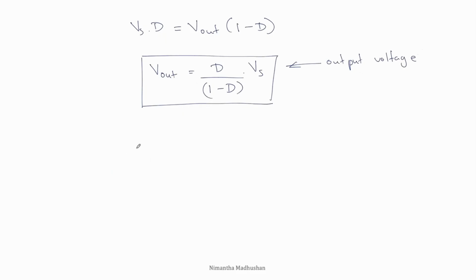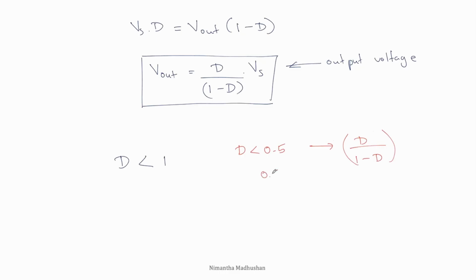If we consider the value of d, it is always less than 1. And for this buck boost converter, we have to consider two ranges. D is less than 0.5, d over (1 minus d). If we consider this part, the d value is less than 0.5.